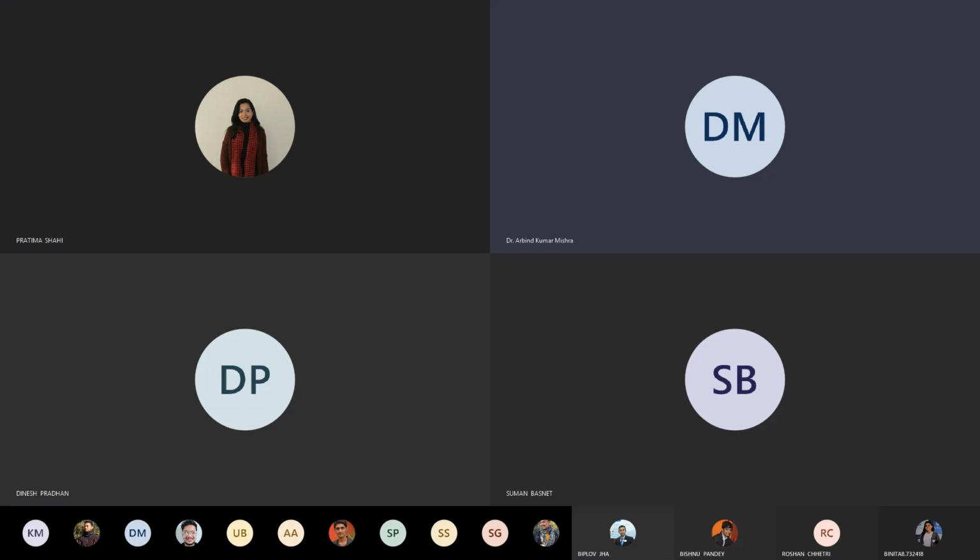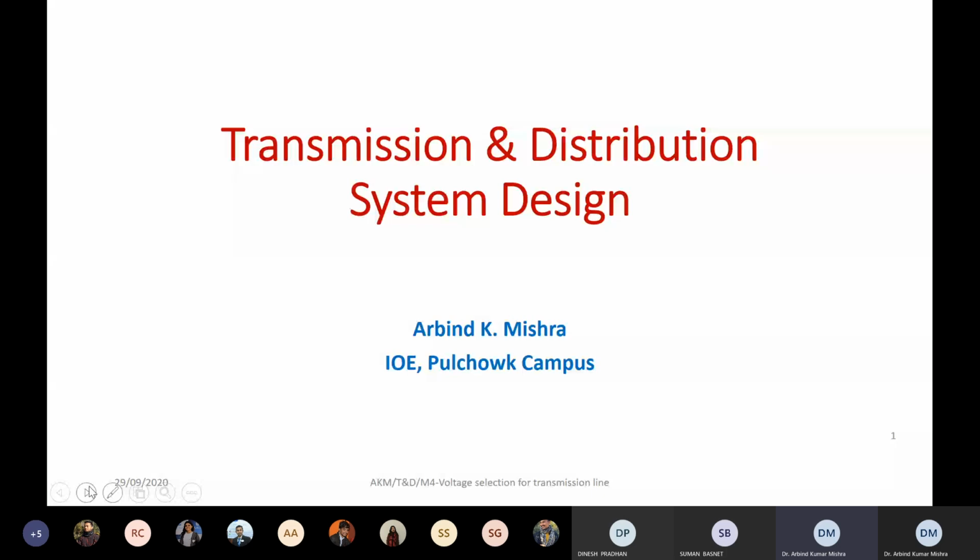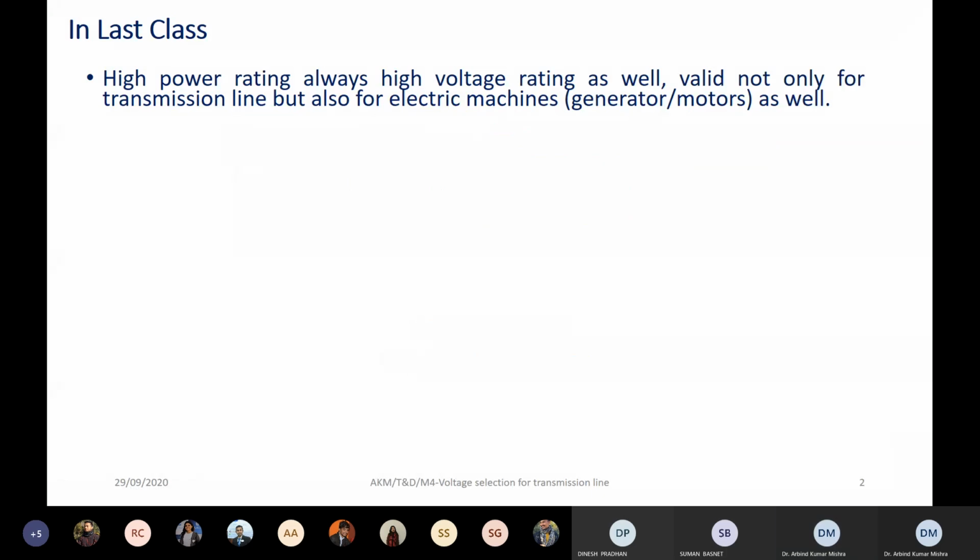Let me first summarize the last class. In the last class, we discussed that for all electrical equipment, whether it is a generator, a motor, an inverter, a converter or a transformer, the higher power rating devices are usually, as a rule, high voltage rating devices as well.